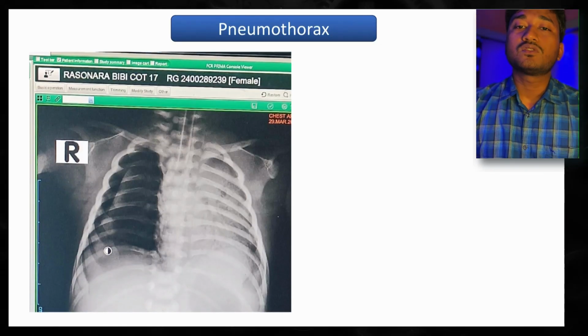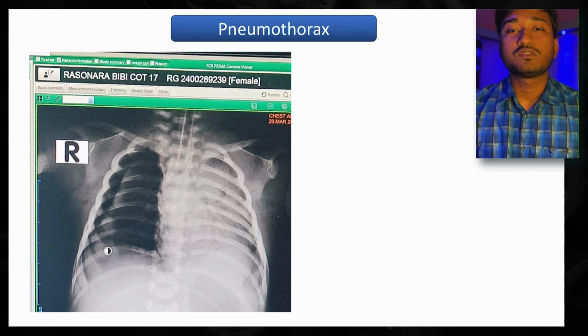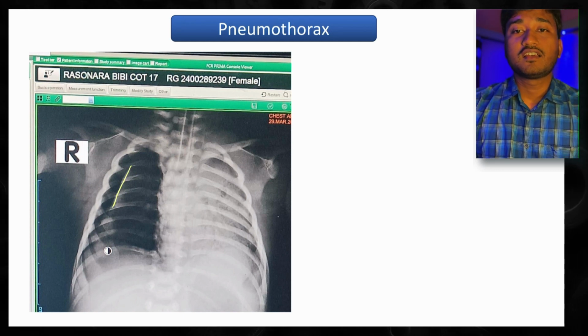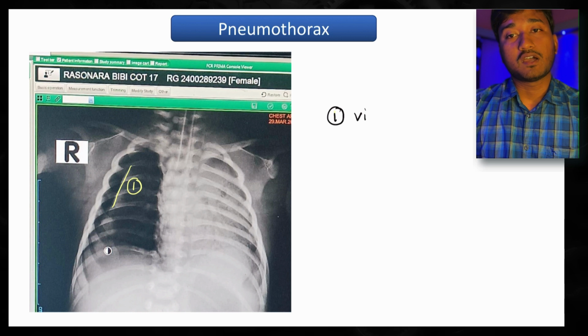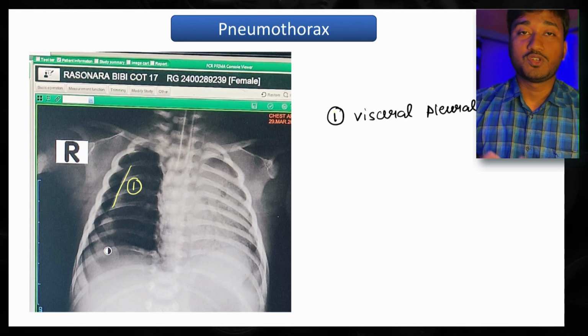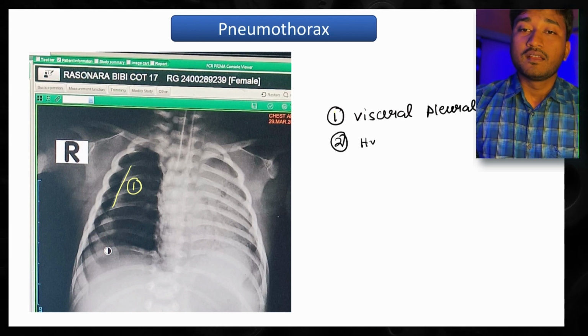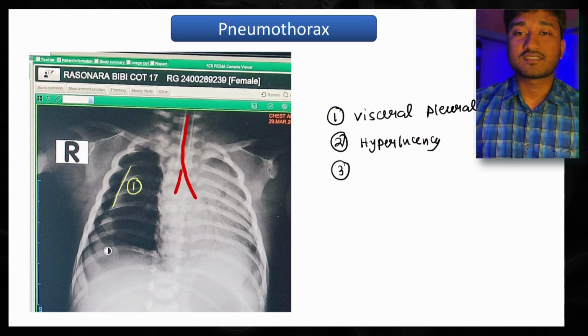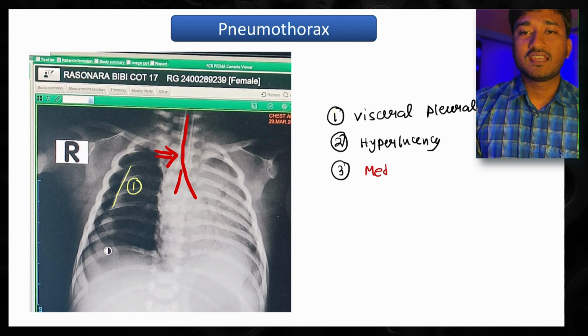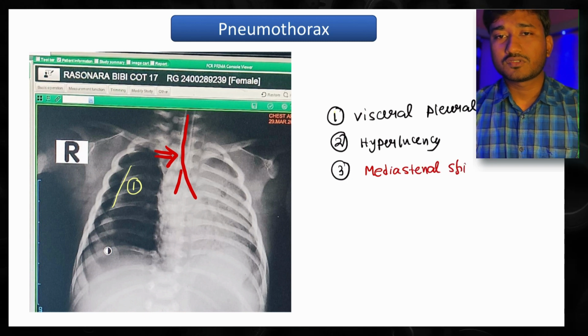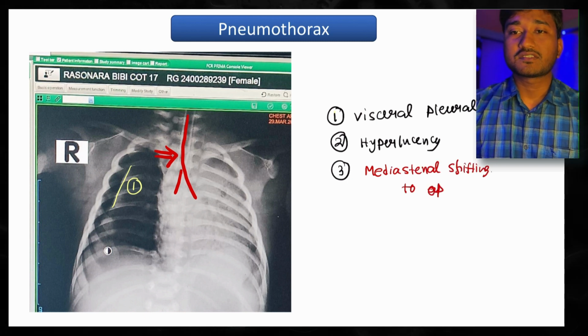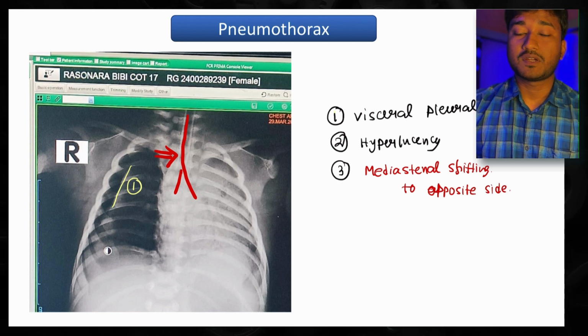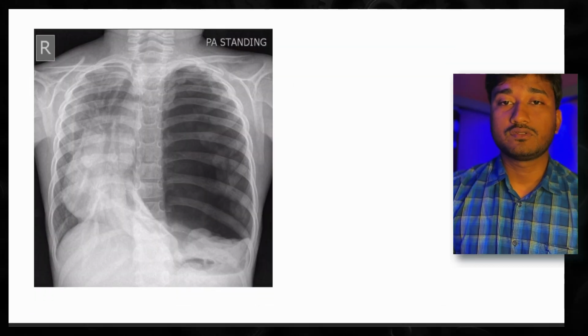So this is another neonate which came to our hospital. The child was intubated from outside, and we know what they actually did. You can see there is a right sided pneumothorax, and we can call it tension pneumothorax probably, because there is mediastinal shifting to the opposite side with hyperlucency and the visceral line which you can see.